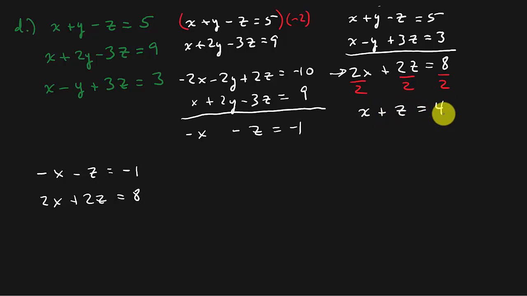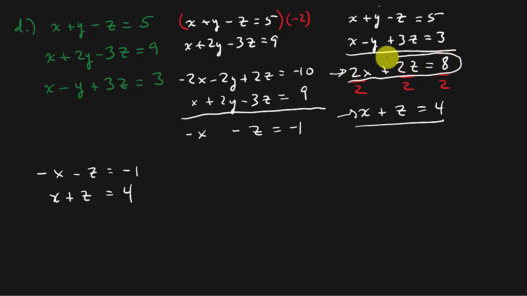So what I can do here is write this instead of this. I think that's what I'm going to do, and you'll see why. So that's x plus z equals 4. But like I said, if you wrote the other one, you'll get the same answer.